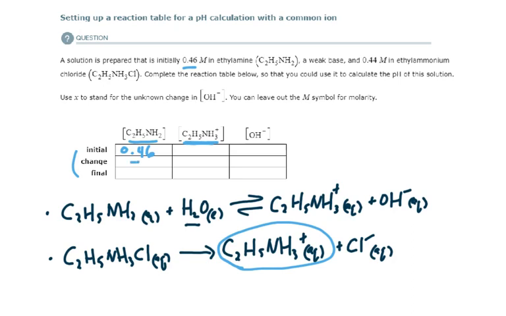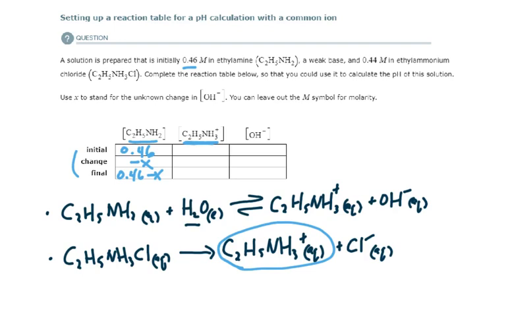So it's going to be minus X. I check the stoichiometry of the reaction. Everything is balanced, and there's a coefficient of 1 here, so it's just minus X. Okay, so the final concentration of this will be 0.46 minus X.